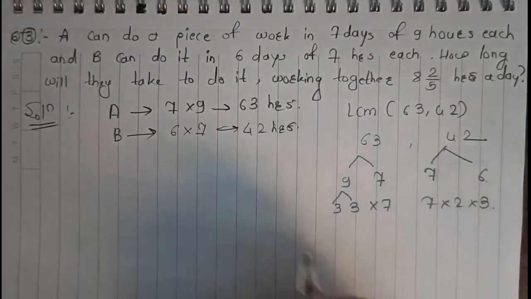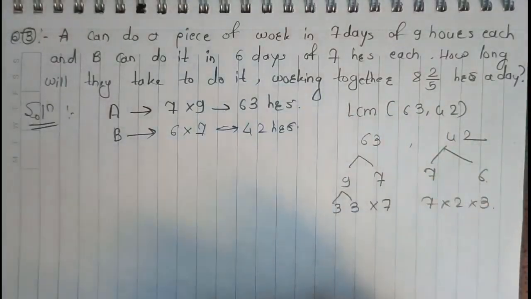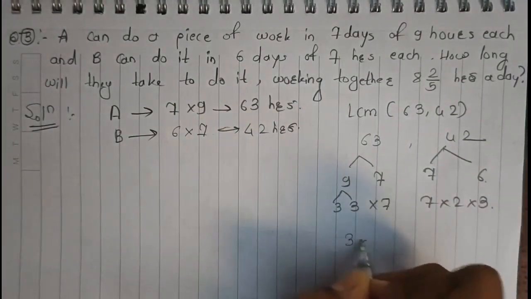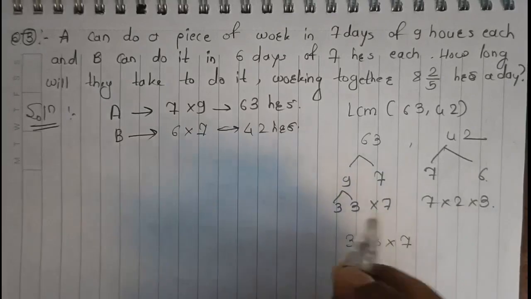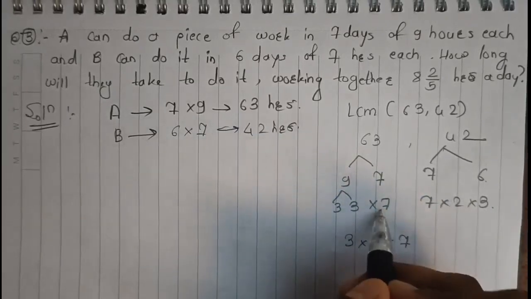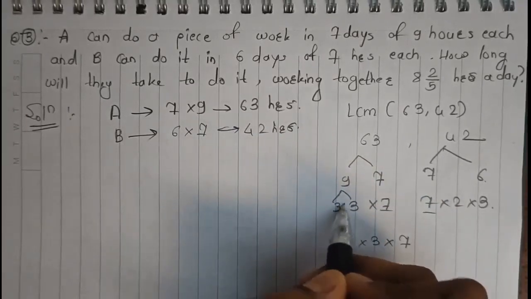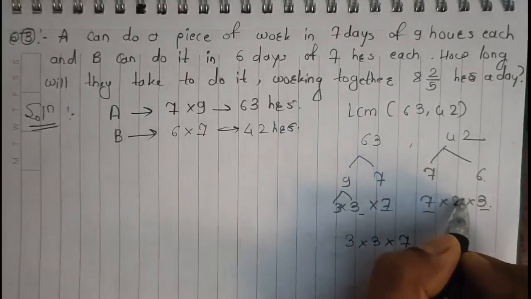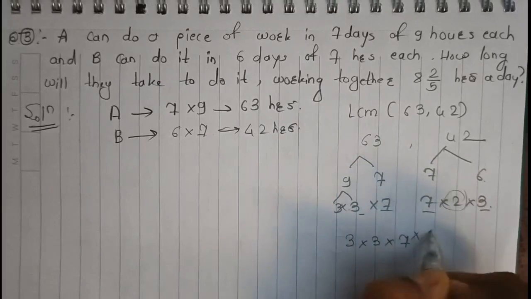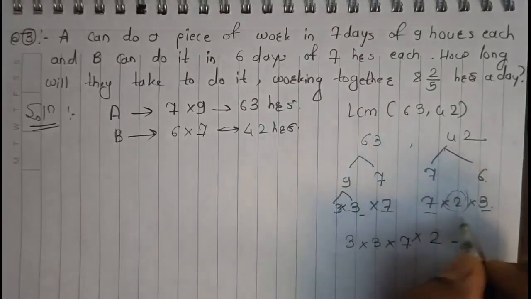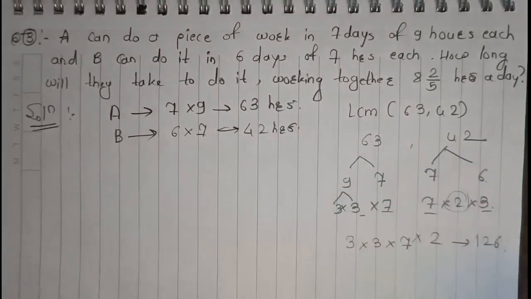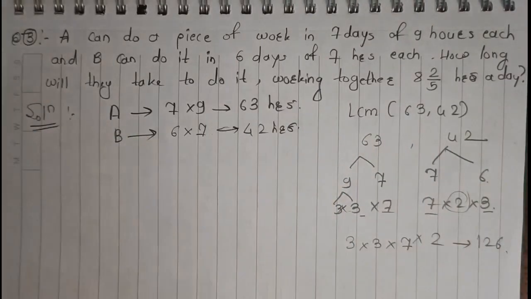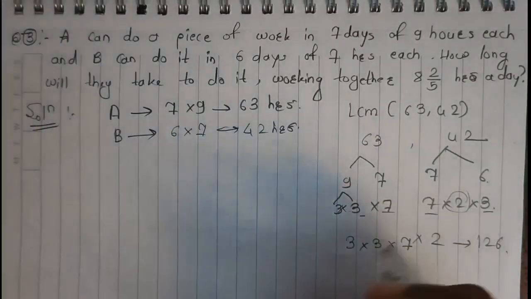Now as I've already told you, first you need to write the factors of the first number, which is 3 into 3 into 7. Now find the common factors between them, which is 7, and here we have 3 also. We do not need to write it again. We have 2 left, right? So we just need to write these. By multiplying this, we will get 126, like 9 into 7, 63, into 2, that is 126.